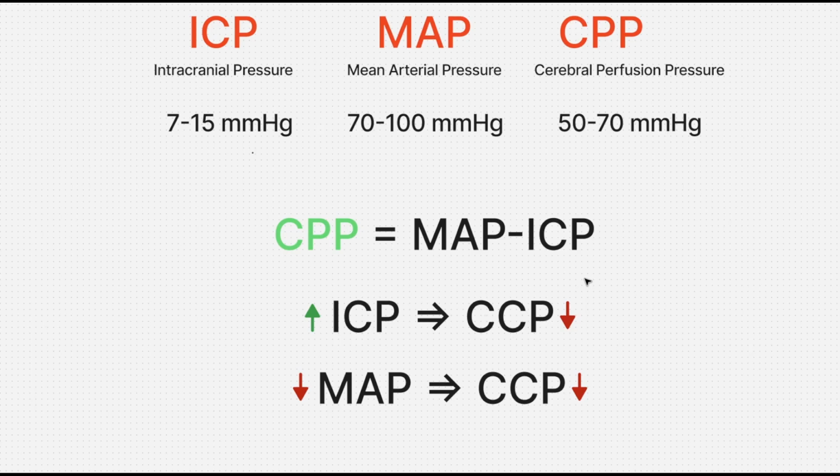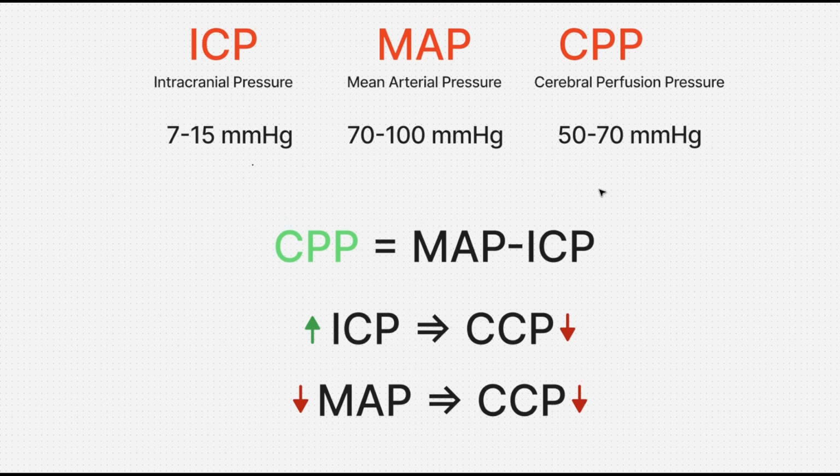Likewise, if the mean arterial pressure is low, that will also decrease the CPP, because the net of this equation, if you increase the ICP, then the net is small. If you decrease the ICP, then it's larger. If you do the same with the MAP, it's an inverse relation, basically. So this is the cerebral perfusion pressure.